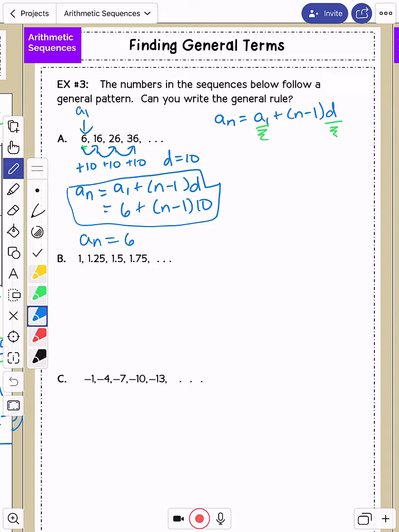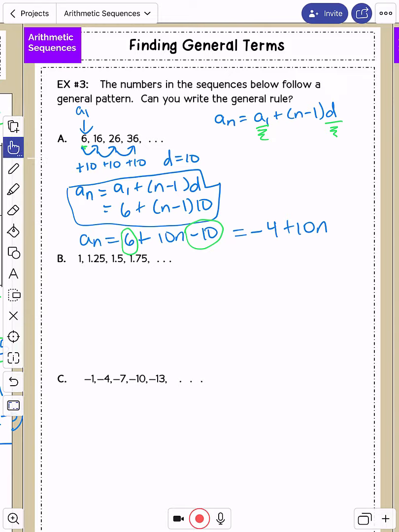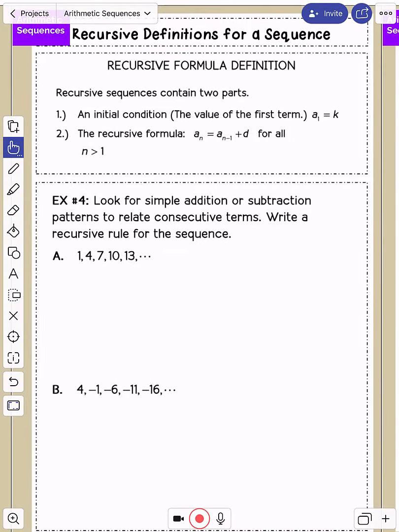A sub n is 6 plus, distribute the 10 times n, 10 times minus 1. I have like terms of 6 and minus 10. And so that's minus 4 plus 10n is the other way to write it. Alrighty, and so I'm going to leave it to you to do the next two in your notebook.